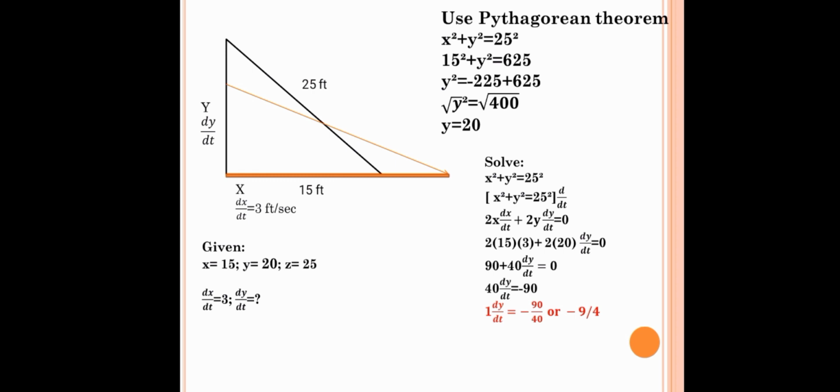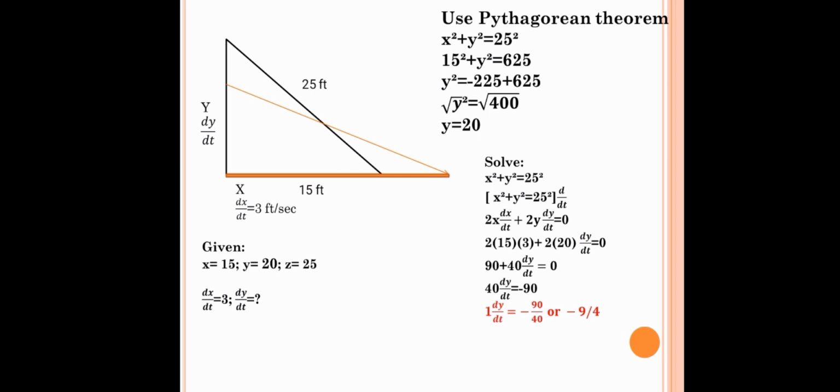The derivative of x squared is 2x times dx over dt plus 2y times dy over dt is equal to 0 because 25 squared is a constant. So substituting all the values, 2 times our x, which is 15, times our dx over dt, which is 3, plus 2 times our y, which is 20, and our dy over dt is unknown, is equal to 0.